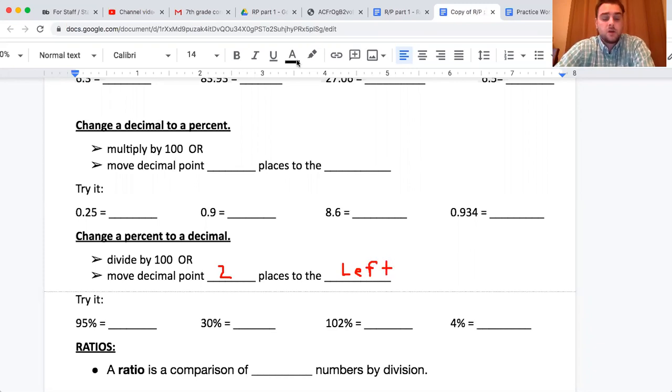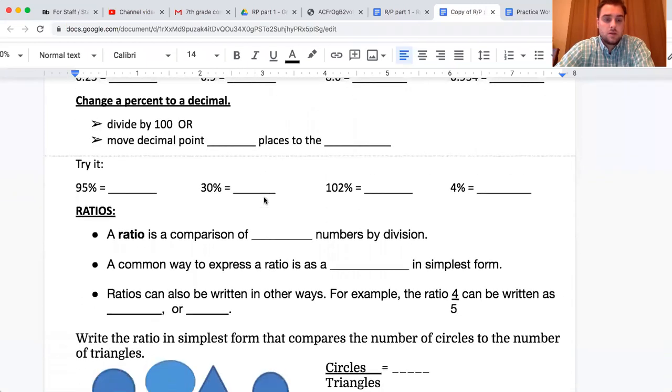Okay, so let's give it a shot. To clear my screen to scroll down. So if we have 95%, first thing I would like us to do is take our decimal point and put it at the end of our numbers. Okay, just kind of helps us.